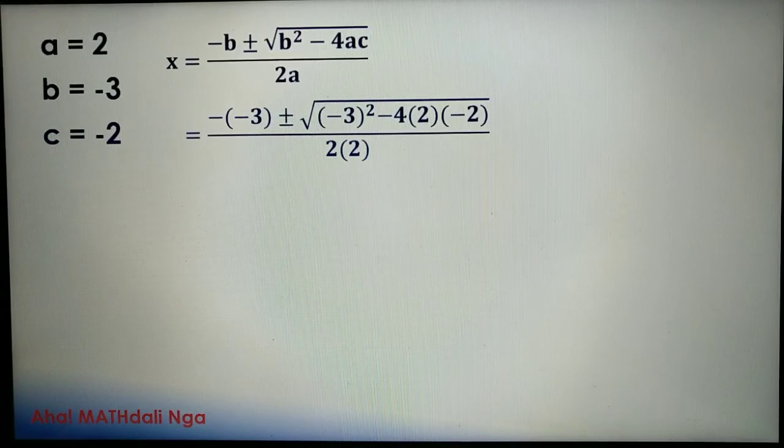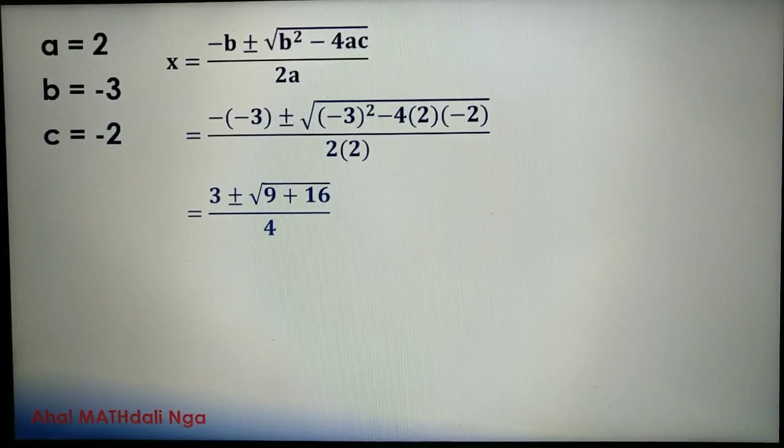Let's solve. We have negative times negative 3 is equal to positive 3, plus or minus the square root of negative 3 squared is equal to positive 9. Negative 4 times 2 is negative 8, times negative 2 is positive 16. All over 2 times 2 is equal to 4.